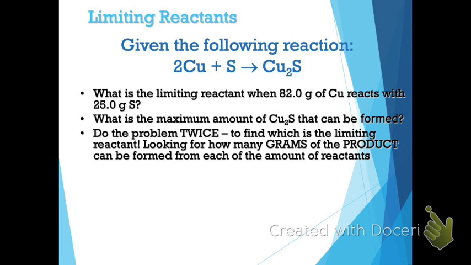All of those things to solve. I'm going to start with our 82 grams of copper. I'm looking for grams of copper sulfide.